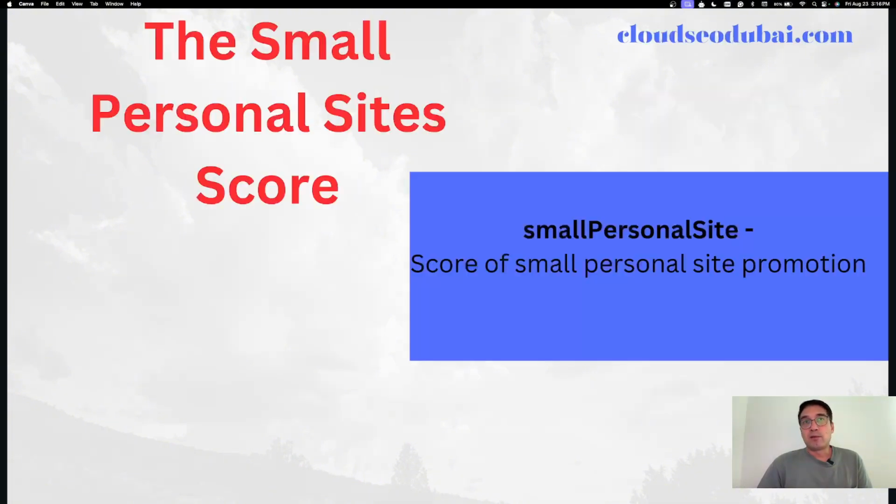And then you have the small personal site score. Now, score of a small personal site promotion. So when a site is launched initially, a small site, Google will propel it to the top of SERPs.